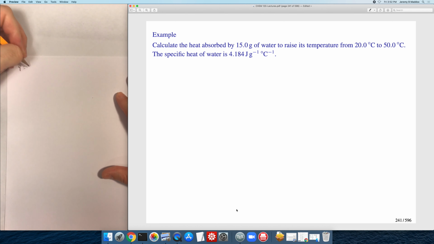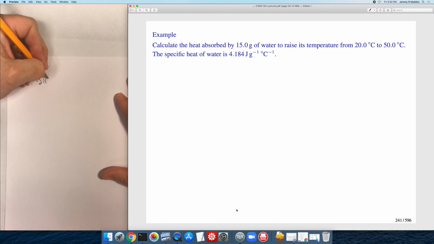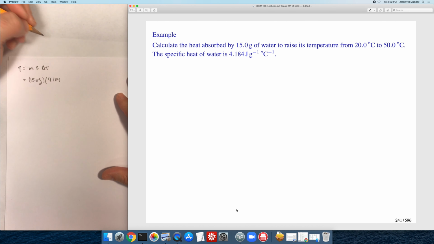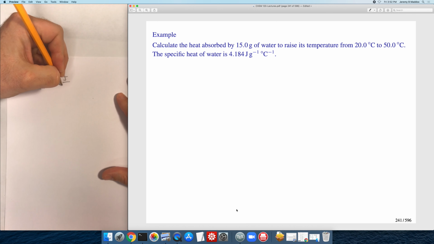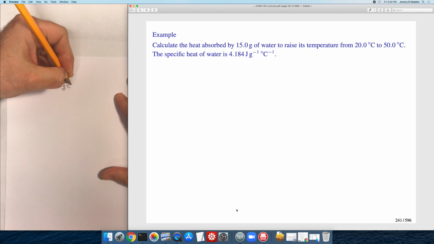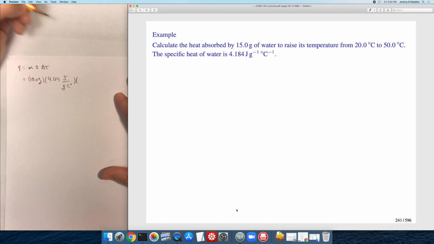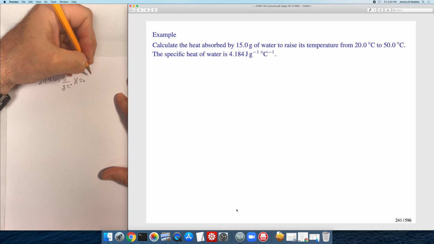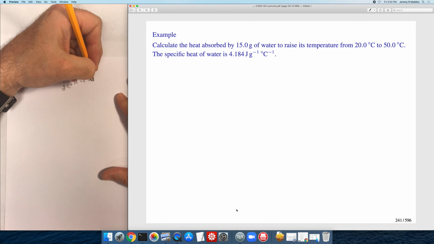We take Q equals mass times specific heat times delta T. We've got 15 grams of water. We'll multiply that by the specific heat. And then we're going to multiply that by the temperature change, 50 minus 20 degrees Celsius.